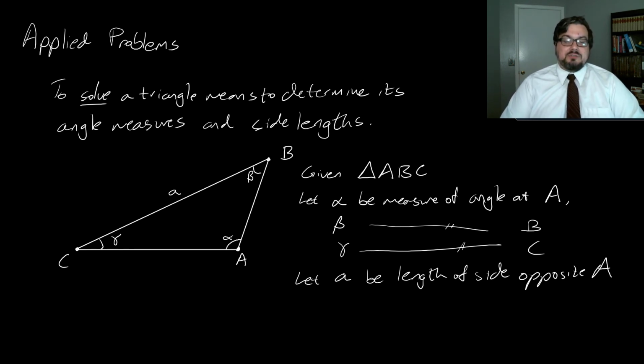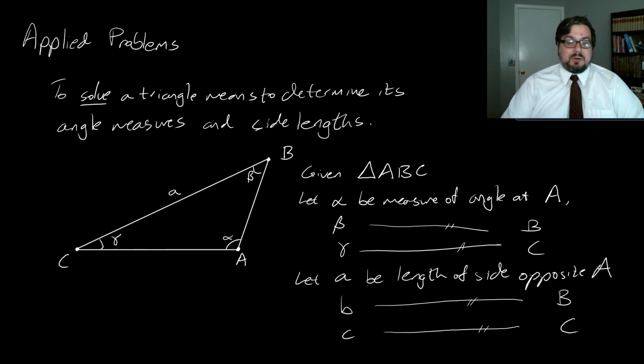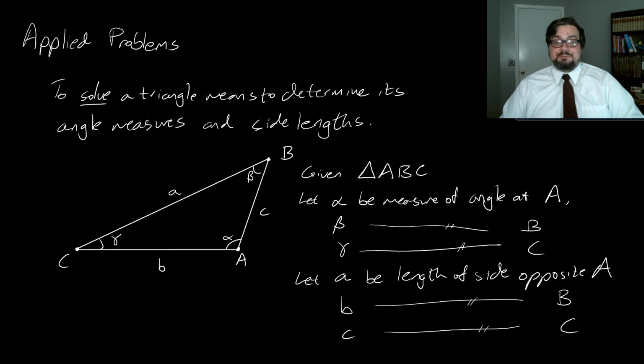So the side of the triangle that goes from B to C is opposite the point A, and therefore we'll say that it has length denoted by little a. Similarly, lowercase b will be the length of the side opposite the point B, and little c will be the length of the side opposite the point C. So B and C like this.